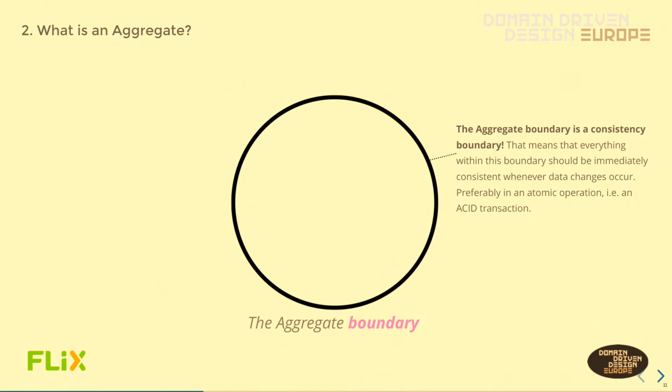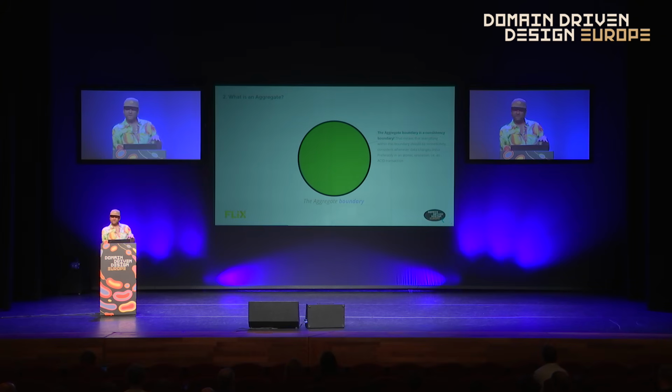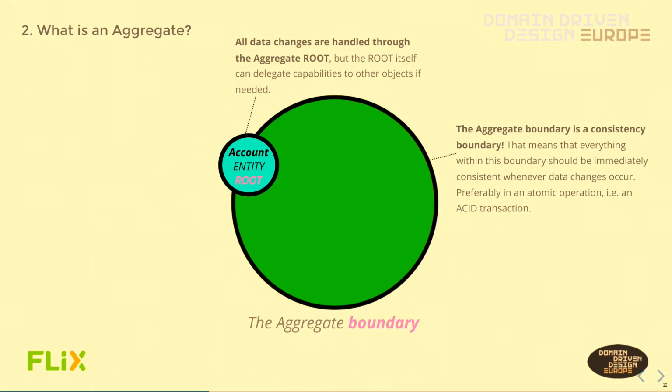So if we have outside and inside, there is something inside, right? And to get from the outside to the inside, you need some kind of doorway, right? A door that you can go through to get some signals from the outside to the inside. That's where the aggregate root comes in, right?